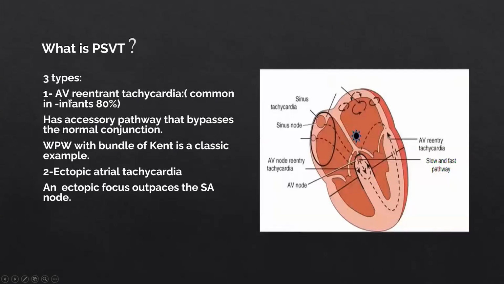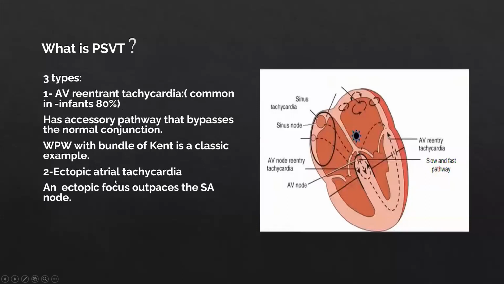The first type, as we said before, is AV re-entrant tachycardia, common in infants, and this is 80% of infants with SVT. It includes an accessory pathway that bypasses the normal conduction, and this includes WPW, with the bundle of Kent as a classic example, as here.